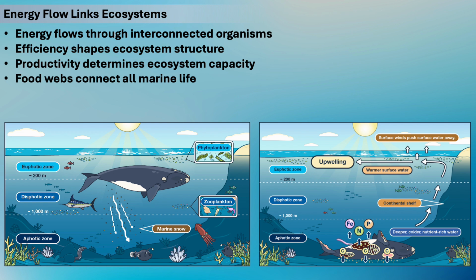Understanding these connections helps us see the ocean not as separate ecosystems, but as a linked system in which energy flows across boundaries, connecting surface productivity to life throughout the entire ocean.